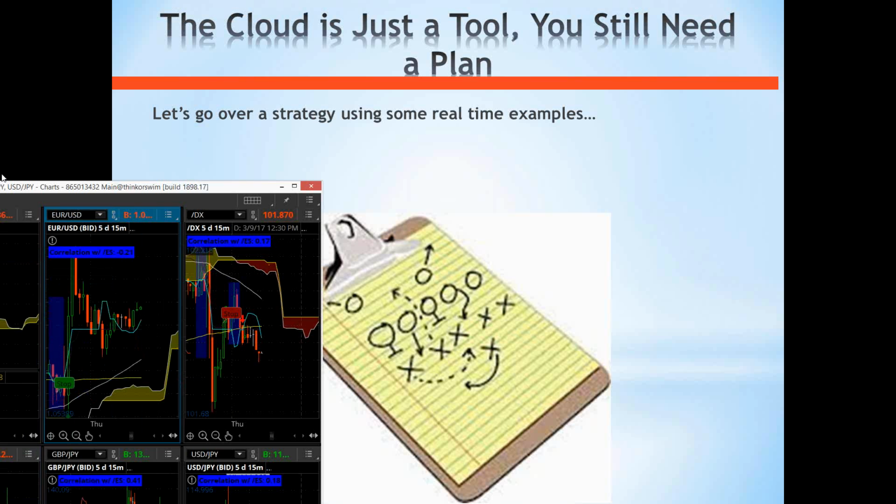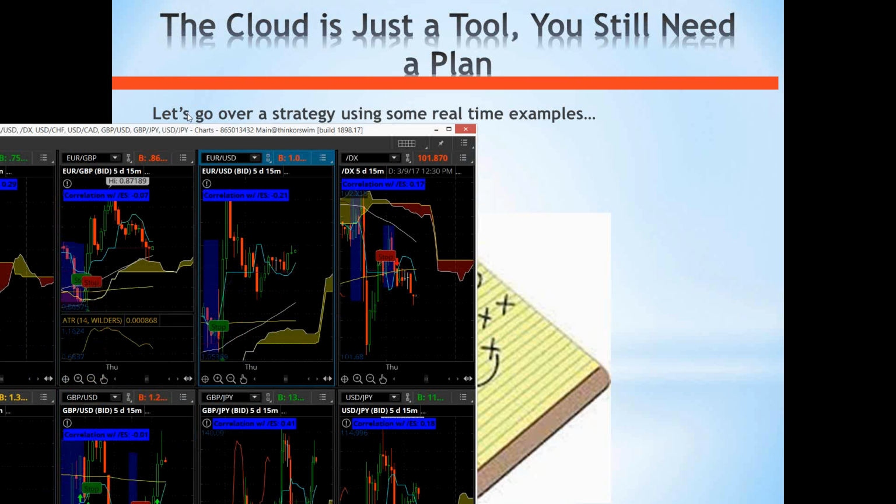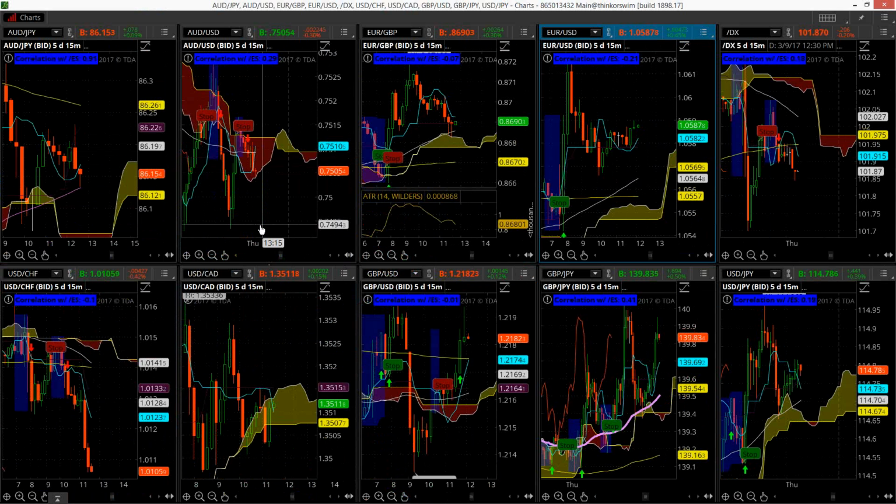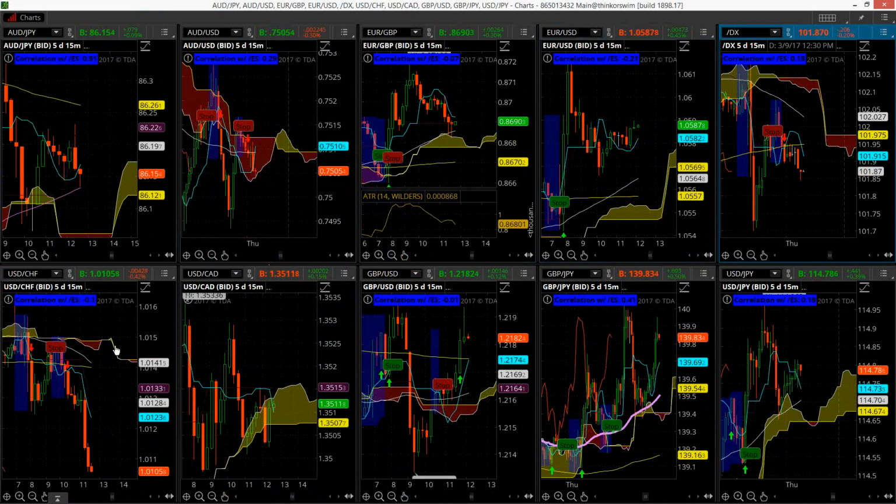But all day long on the 15-minute bar, I'm tracking all 10 currency pairs that Nadex lists binary options for, okay? And this is the dollar index right here. I just kind of keep that up to have a general idea of how the dollar's moving.